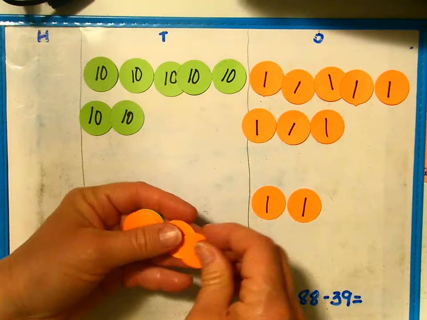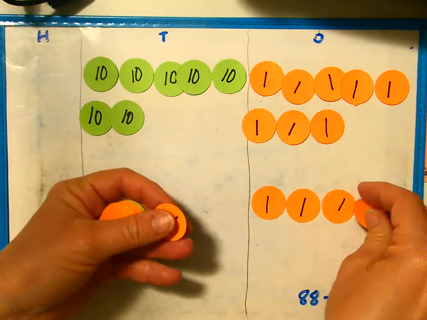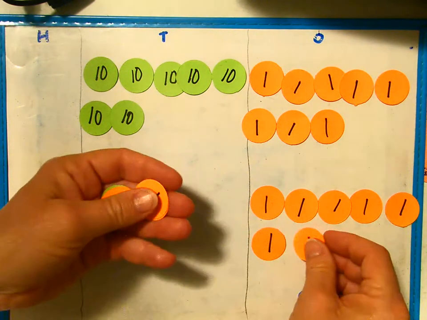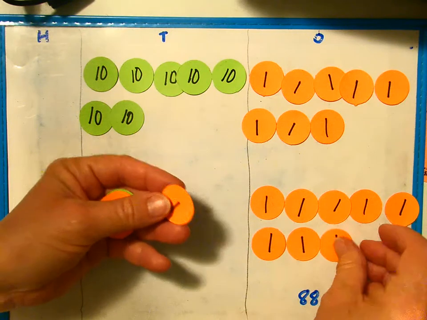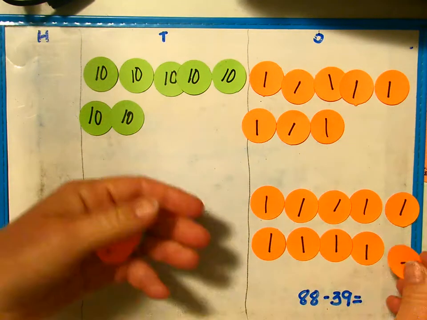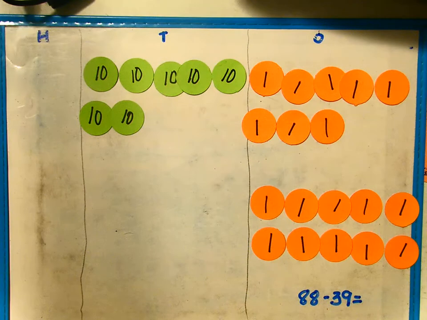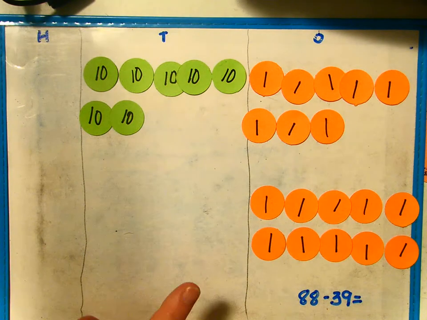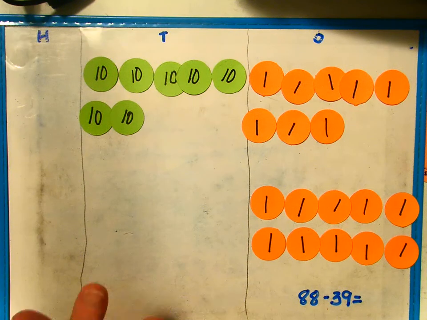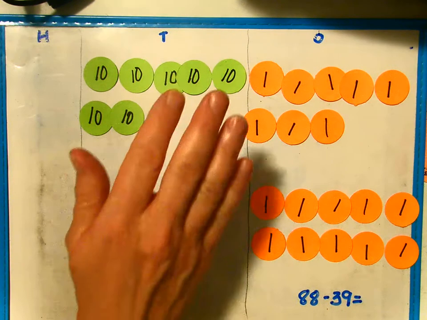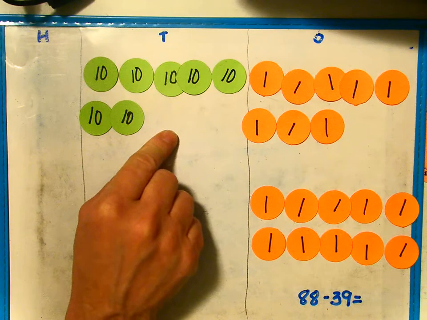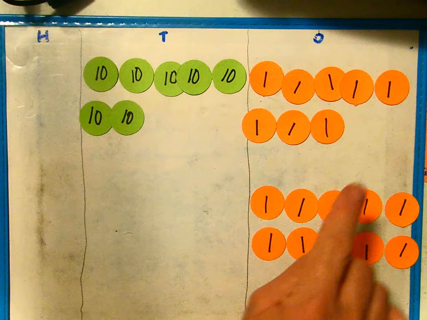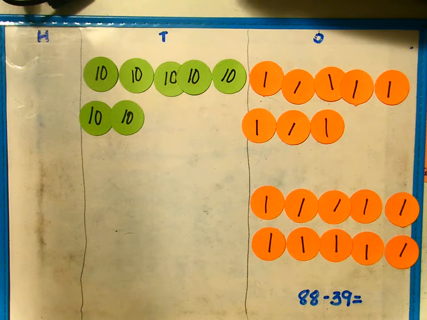I still have 88. When I've decomposed, I still have the same amount. It just looks different. I have 7 tens here and then 1 more 10 here. So I still have 8 tens. I still have 8 ones.